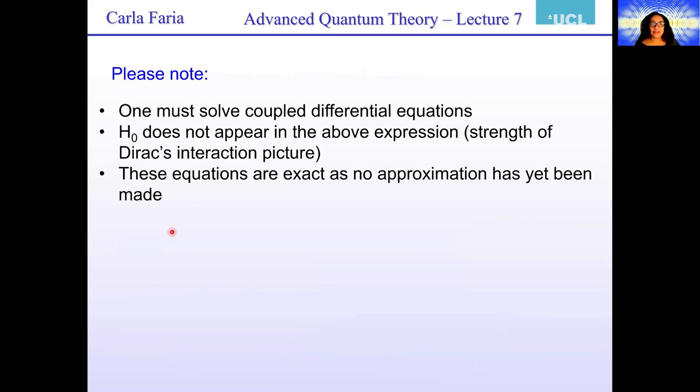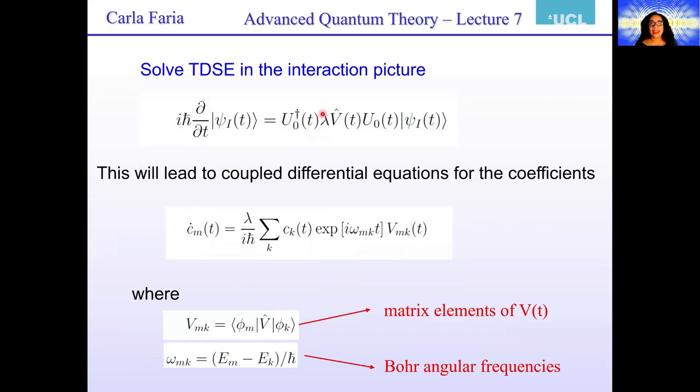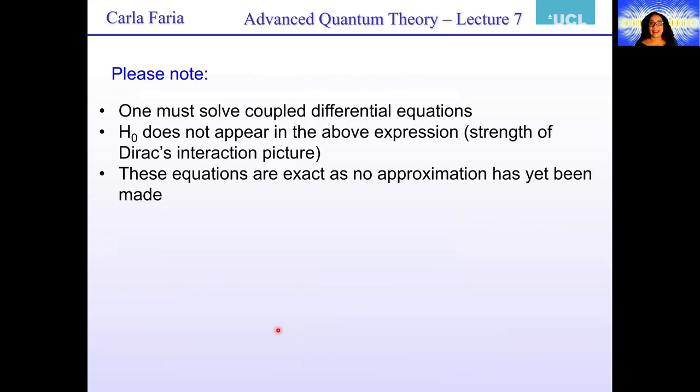And note the following as well, that we will have to solve these coupled differential equations associated with these coefficients. Note as well that in the expression that I have shown before, H naught doesn't appear. You just have something related to the interaction. And you rewrote the interaction Hamiltonian then in the interaction picture, but you don't have H naught. And this is a strength of the interaction picture because it makes our life easier.